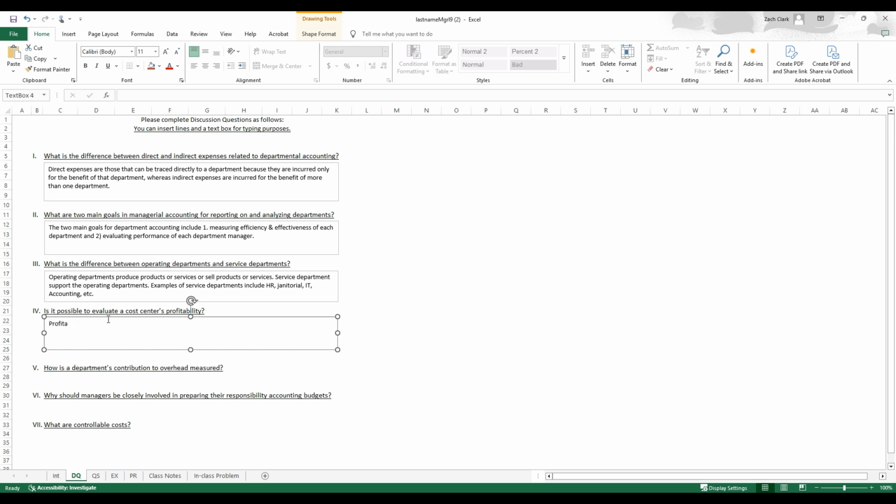Profitability for a cost center is not typically measured because, like we talked about in class, and I'll write this in here, normally a cost center is evaluated by its effectiveness and efficiency, particularly in regard to the costs incurred by the cost center.